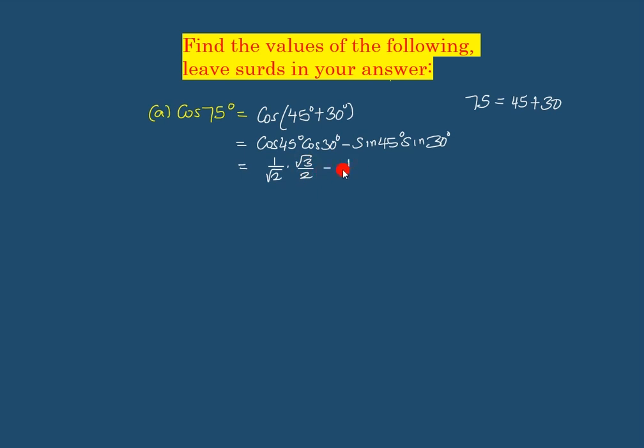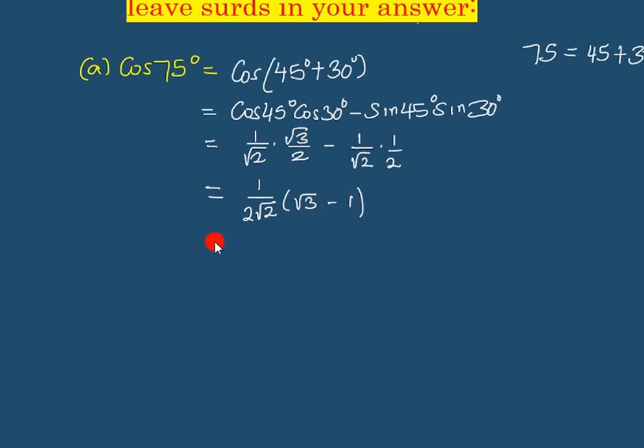The sine of 45 is also 1 over root 2, and the sine of 30 is 1 over 2. So we shall have a 2 root 2 down everywhere, so we have 1 over 2 root 2. Up here we remain with root 3 minus 1.